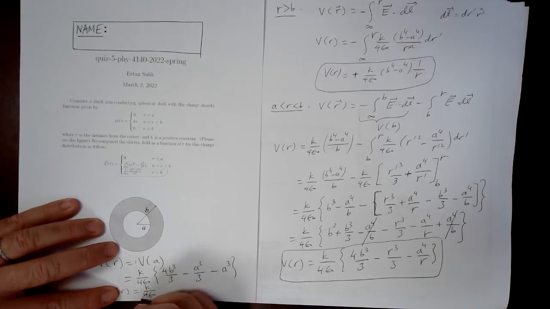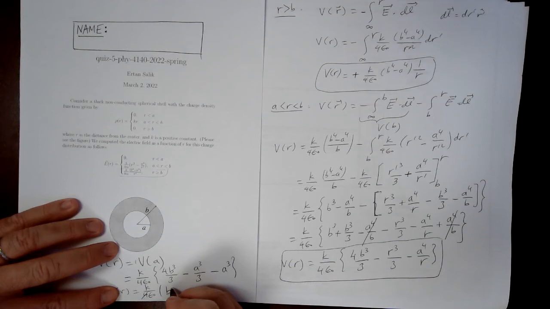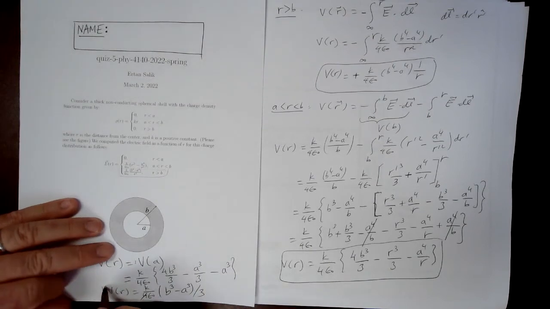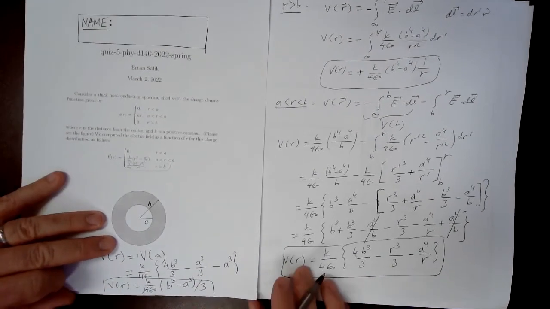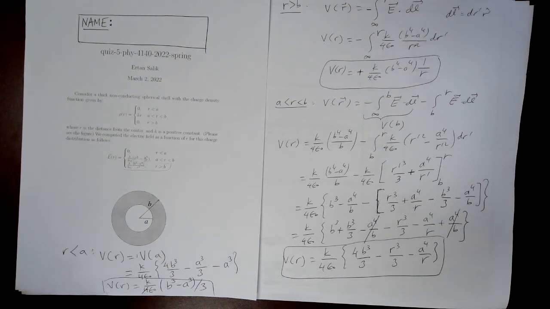So the 4's cancel: K over epsilon naught times 3, B cubed minus A cubed over 3. Right, so that's our potential inside. It's constant, and that's what is expected.